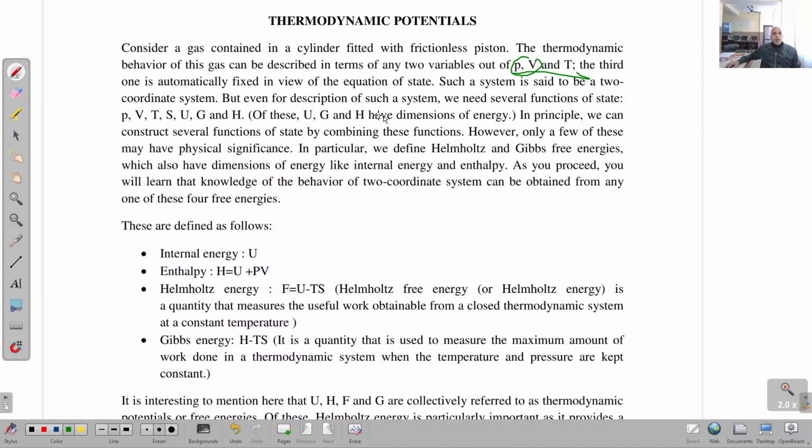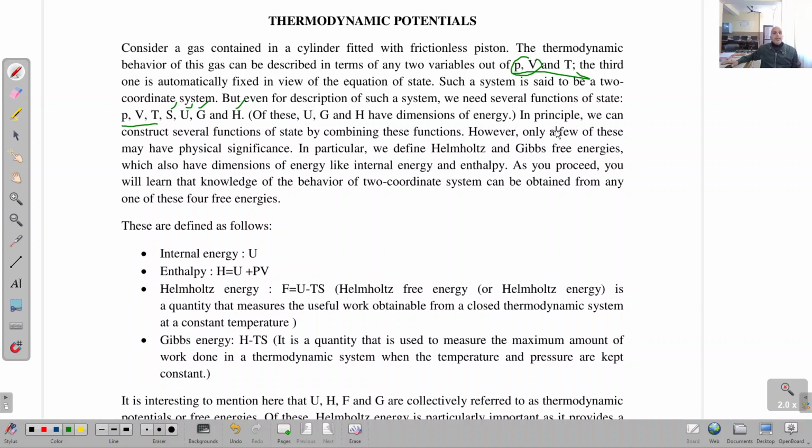We know in reality, for the full description of the system, we need several functions like P, V, T, S, U, G, and H. Here, P, V, T are usually the three variables. S is entropy, U is internal energy, G is Gibbs free energy, H is enthalpy. Of these, U, G, and H have dimensions of energy.